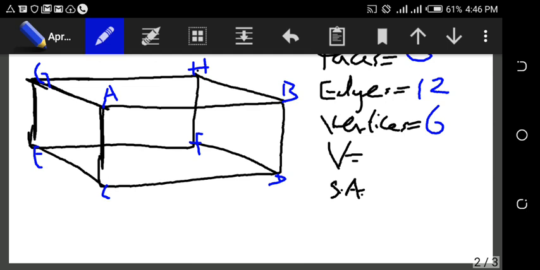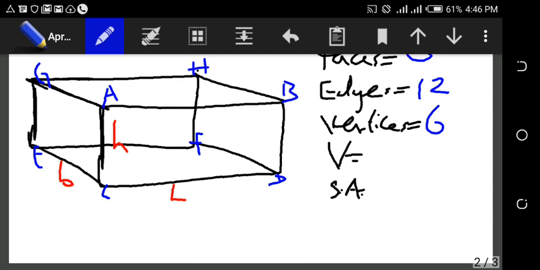So let's label here length. Okay, let me use a different color now. So this is the length, and let's call here the breadth B, and H, the height of it.